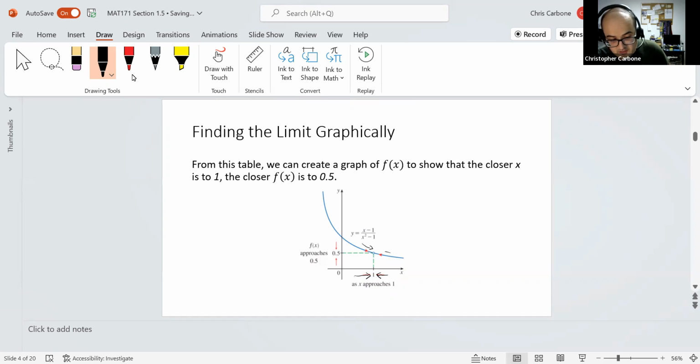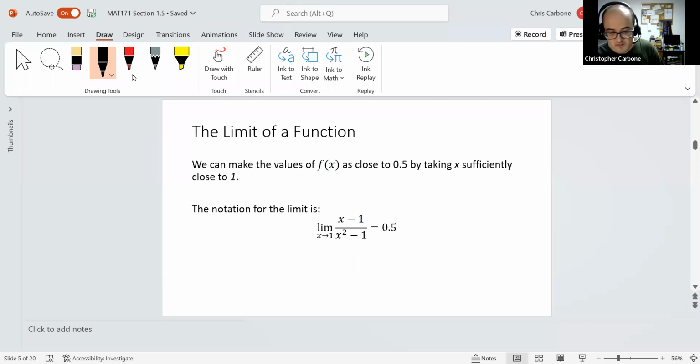Now, if this was not already labeled for us, we wouldn't be able to determine it as nicely, but we're getting close to this value here of 1/2, which is the whole point of the graph. As such, we can make the value of the function as close to a half as possible if we start taking values of x closer and closer to the value of 1.